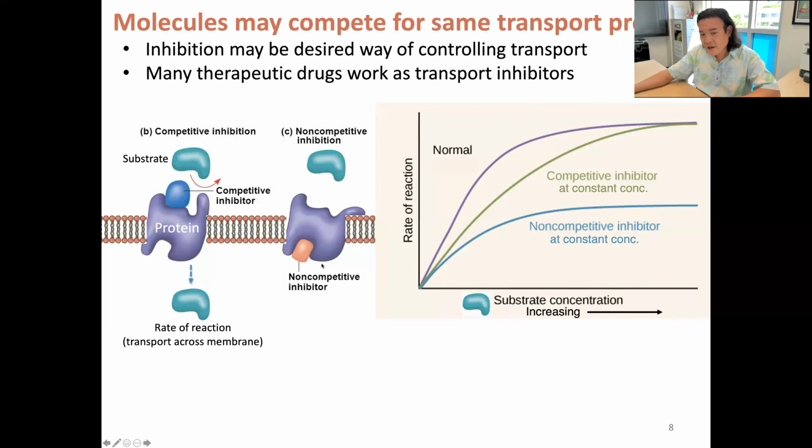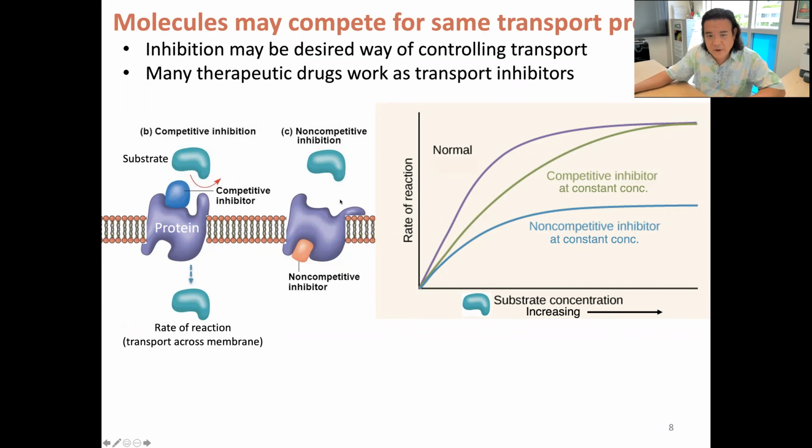All right. Another scenario would be, what if the inhibitor molecule doesn't bind to the same surface that the substrate, or the light blue solute, binds to? Instead, this orange molecule binds somewhere else on the transport protein. But because it binds somewhere else, it still changes the shape of that transport protein.